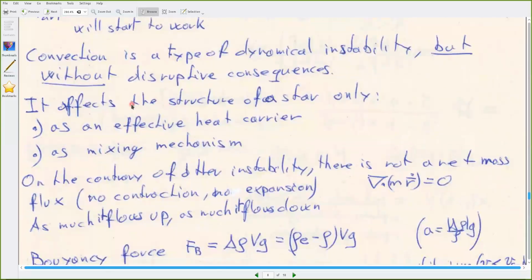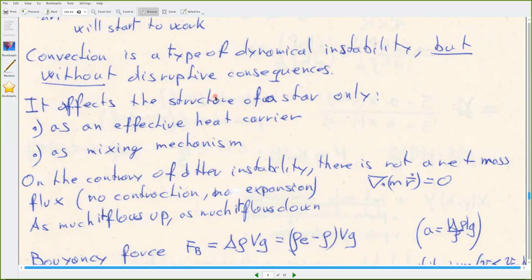So convection is a type of dynamic instability, but is quite different because it's without the disruptive consequences. It's not like the thermal instability or the classical dynamic instability, which affect the star, expanding, contracting.